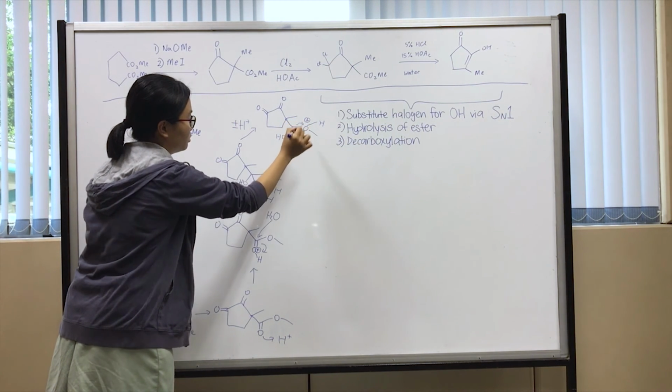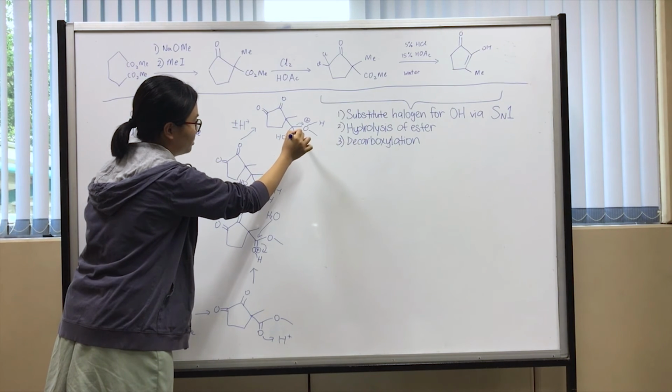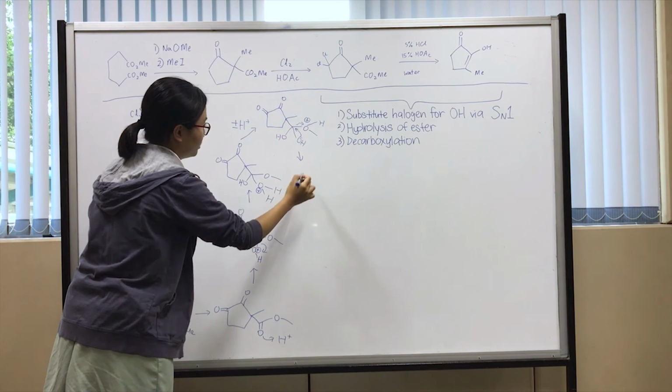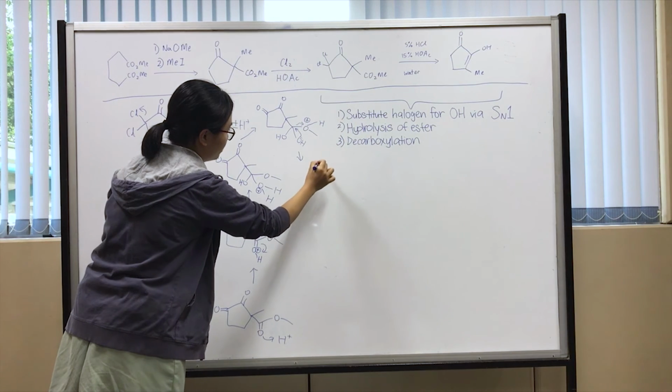So this alcohol will be kicked out, and the lone pair on O will give rise to another oxonium ion.